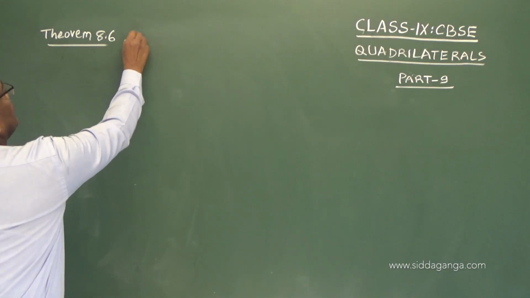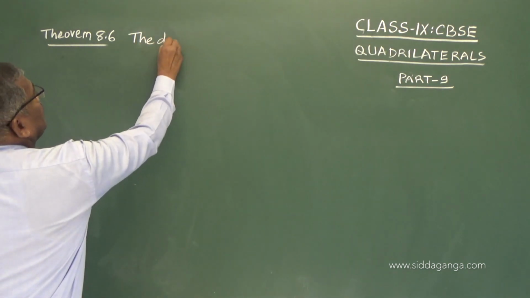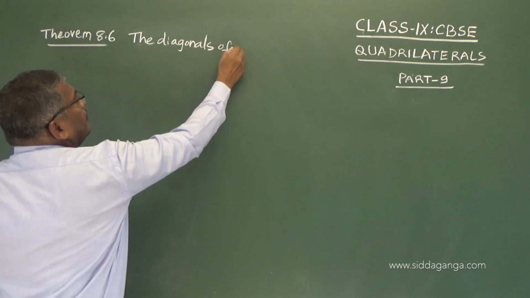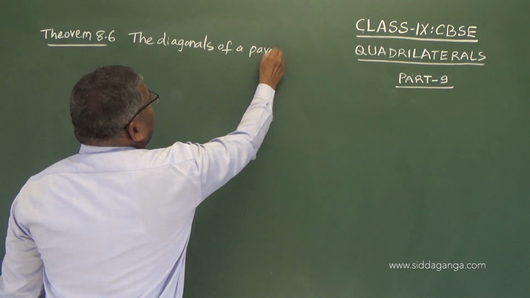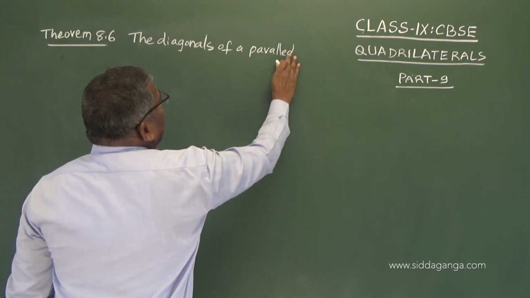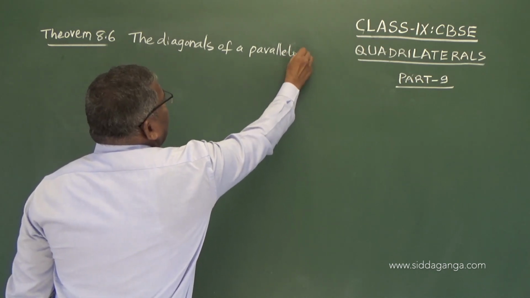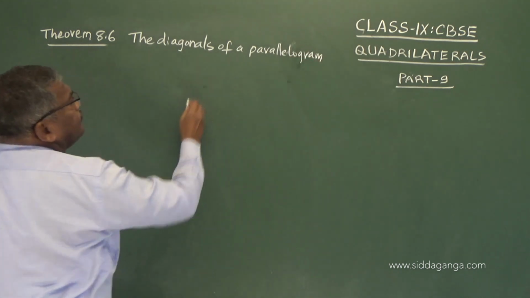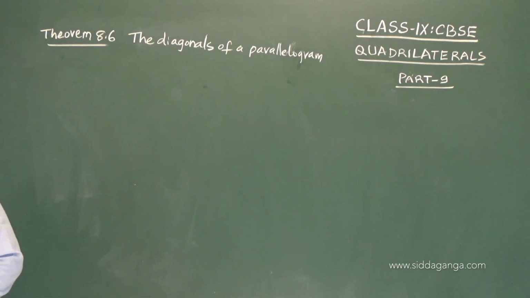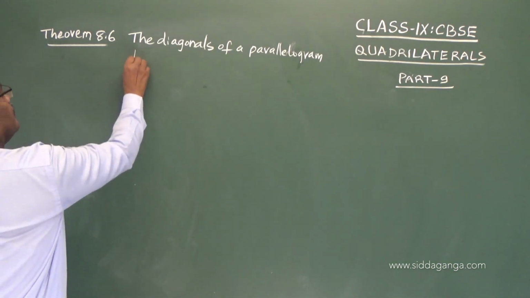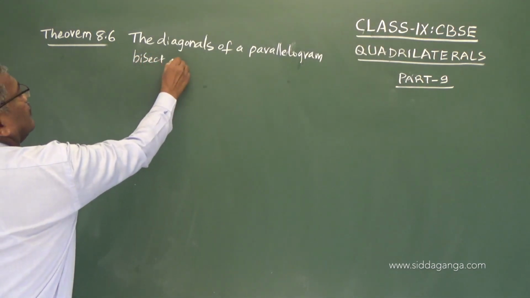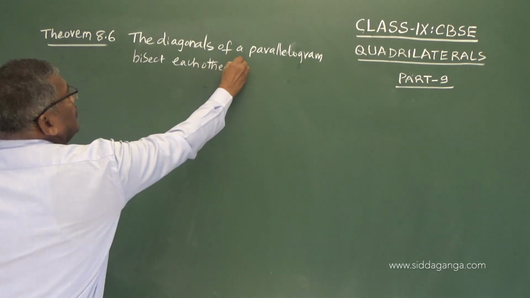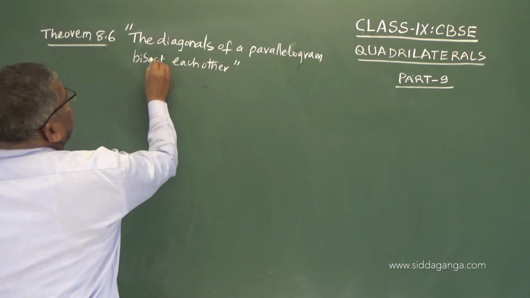It says the diagonals of a parallelogram bisect each other. This is the statement of the theorem.